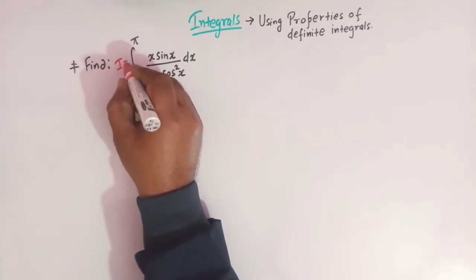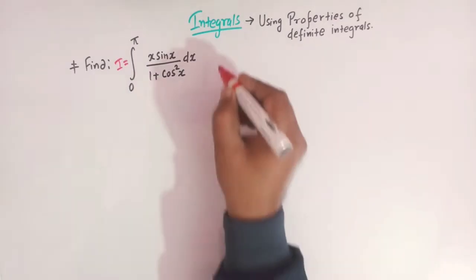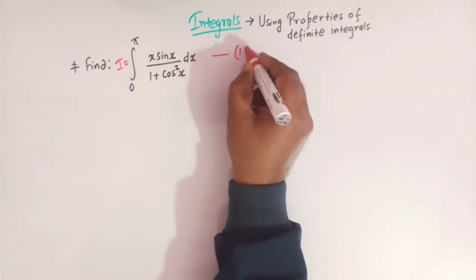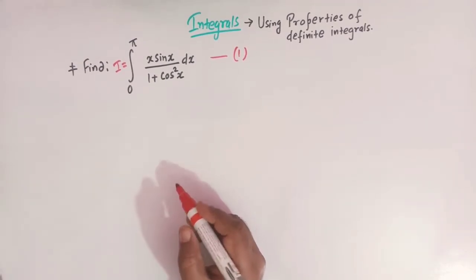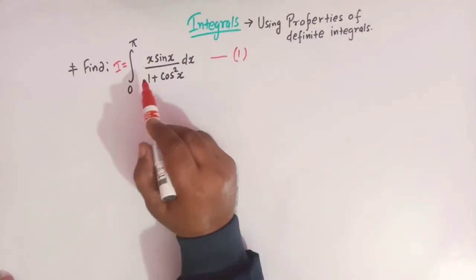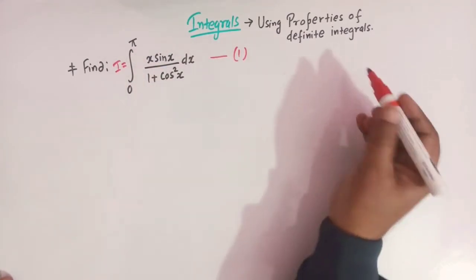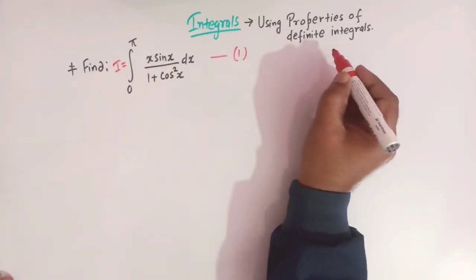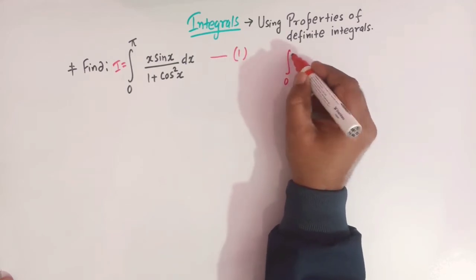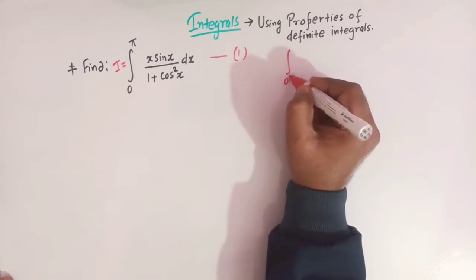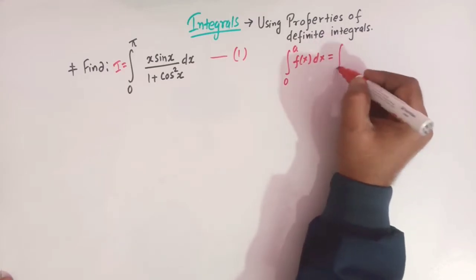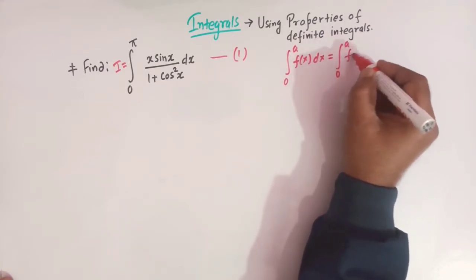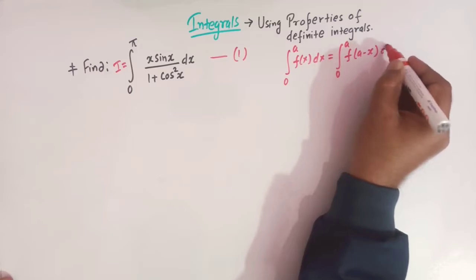So here let us first take this integral as I, and we can call this integral number 1. Now, to solve these types of problems, we use a property of definite integrals: if we have an integral from 0 to a of f of x dx, then this integral can be written as the integral from 0 to a of f of a minus x dx.